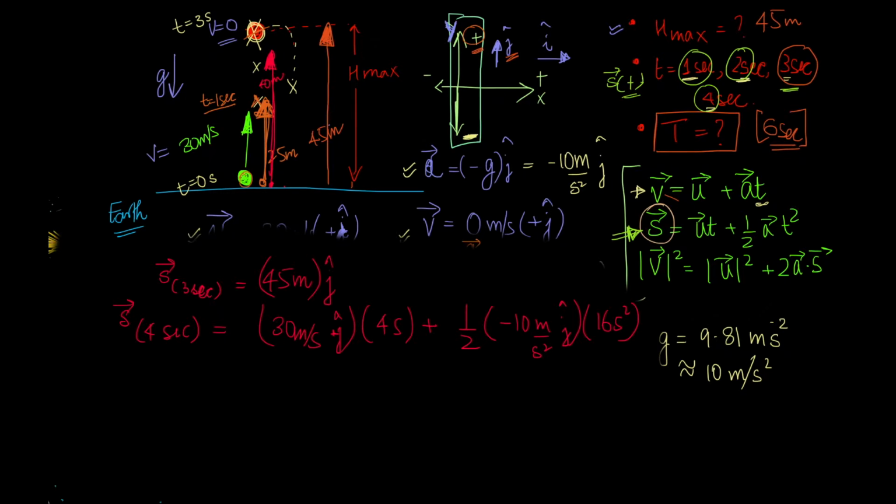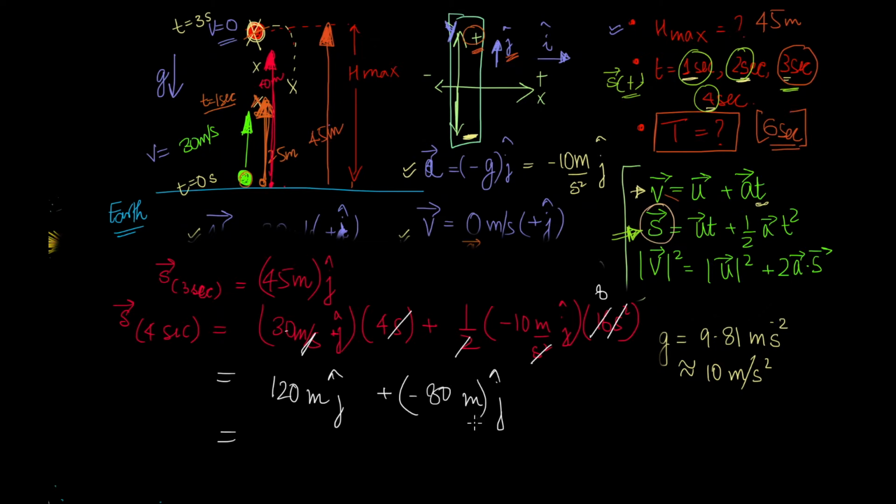Alright, same thing as before, cancel seconds by second, second squared by second squared, start evaluating. 30 times 4 is 120 meters in the j cap direction. Half of 16 gives you 8, so that's 8 times 10, that's 80, with a negative sign, meters in the j cap direction. So there you have it, that is the total.